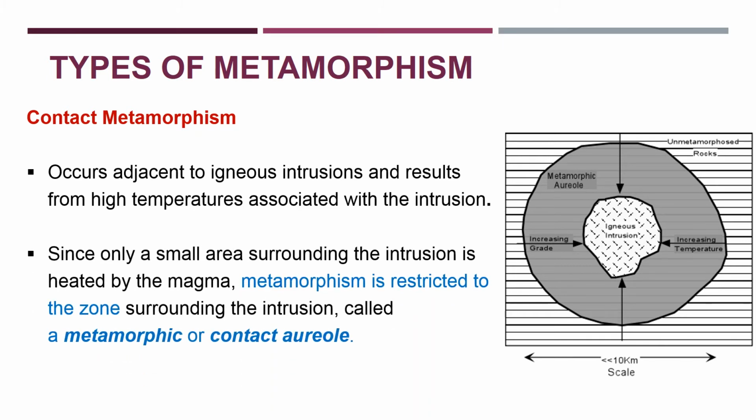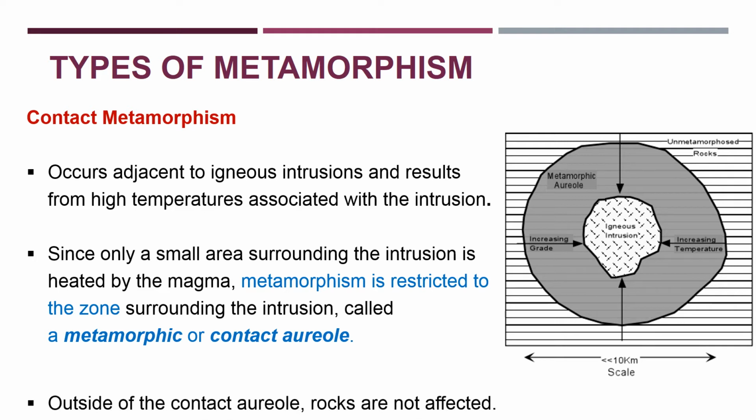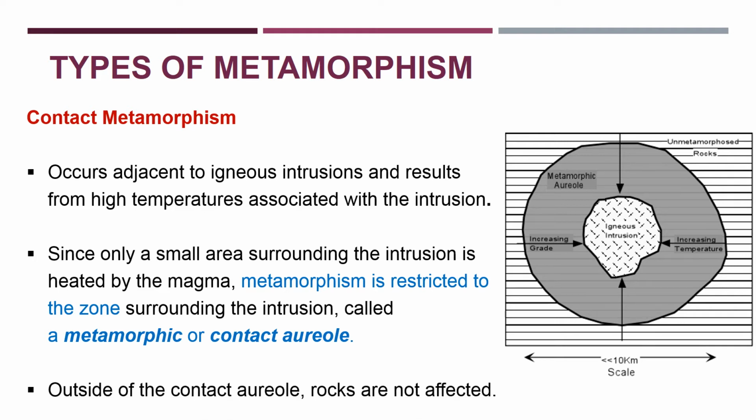Only a small area surrounding the intrusion is heated by the magma, so the metamorphism is restricted to this zone. That's why we call it the contact aureole. Outside of this contact aureole, rocks are not affected.